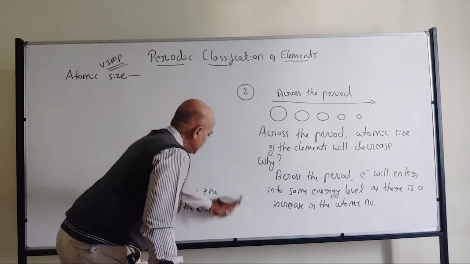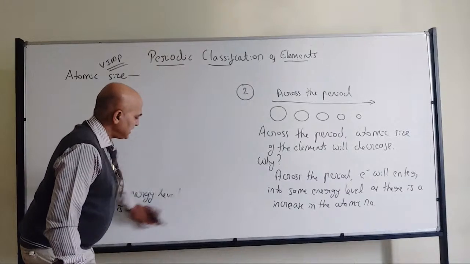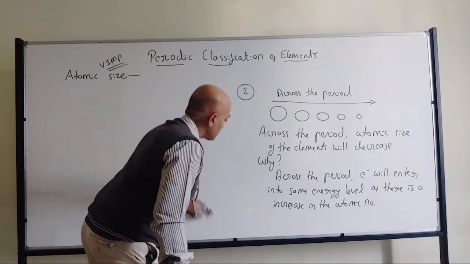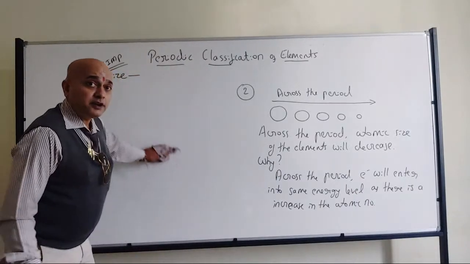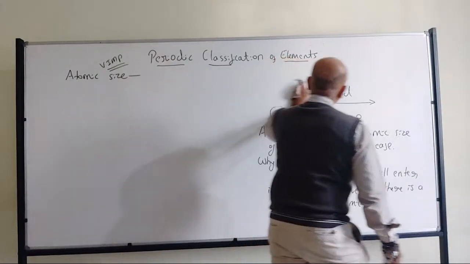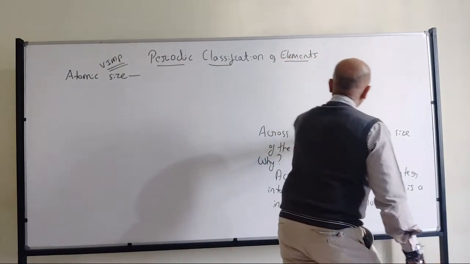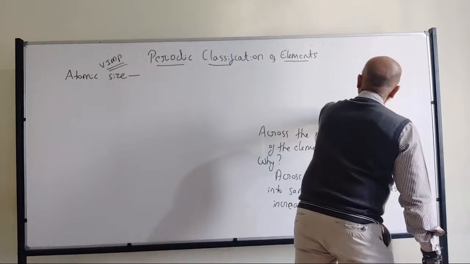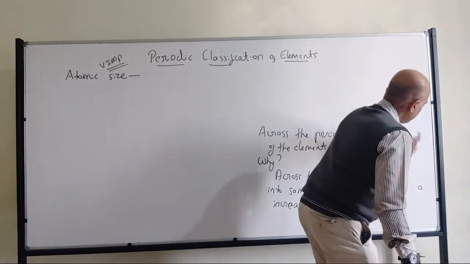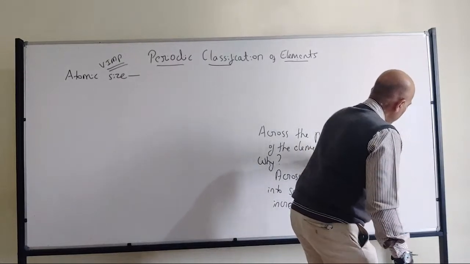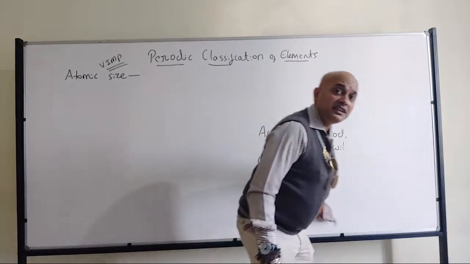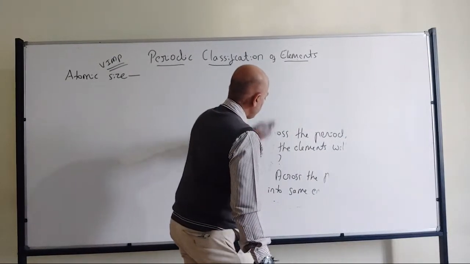When I am telling there is an increase in the atomic number, that means there is an increase in the nuclear charge. Because what do you mean by atomic number? Atomic number is nothing but the number of protons present in the nucleus. And proton is the only one which has charge, because the other subatomic particle inside the nucleus is the neutron.